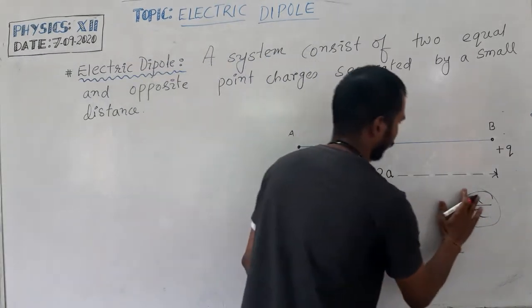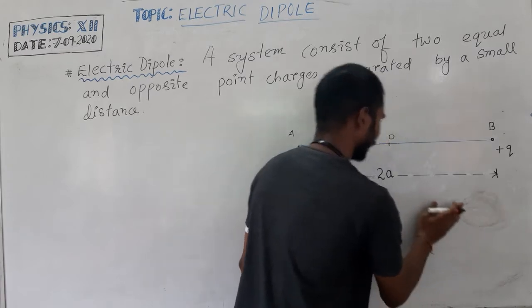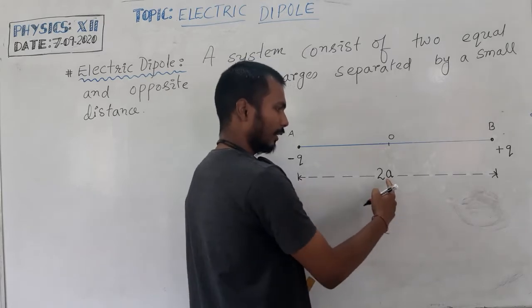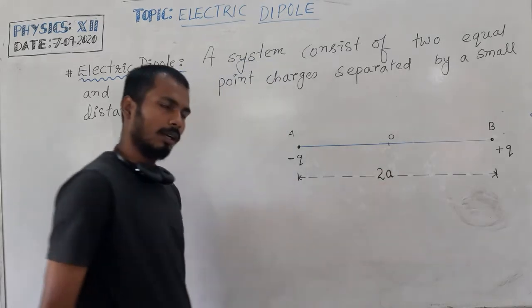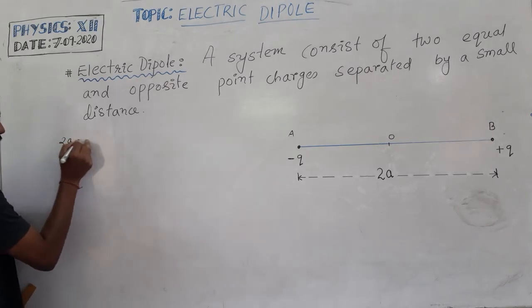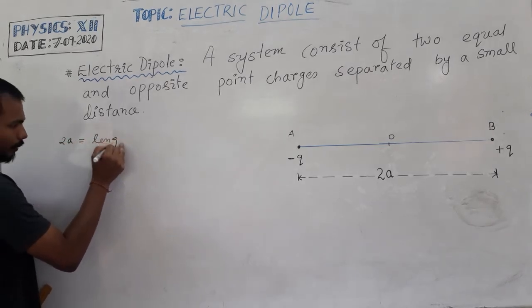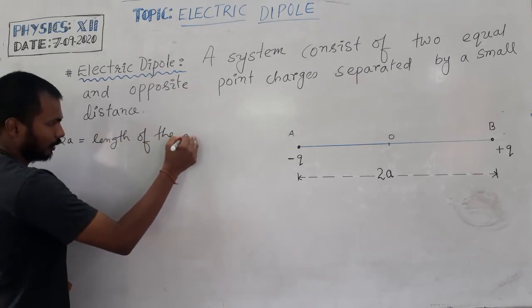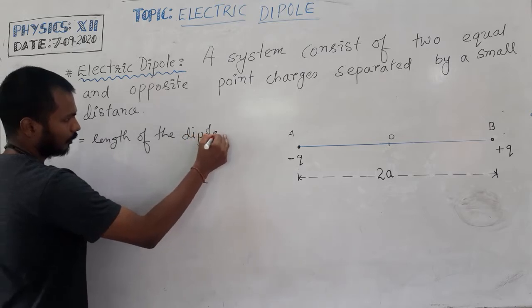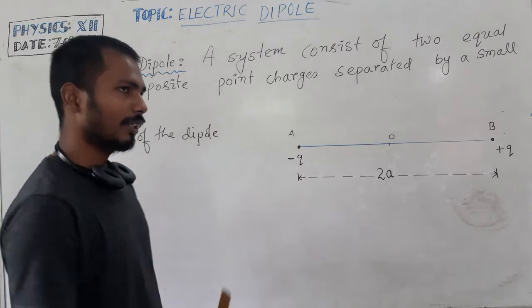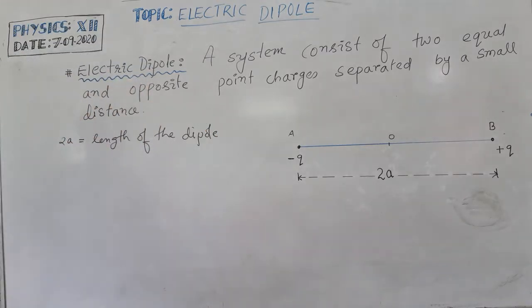So we generally use 2a as the distance between the two charges, and 2a is the length of the dipole. AB is a dipole and 2a is its length.